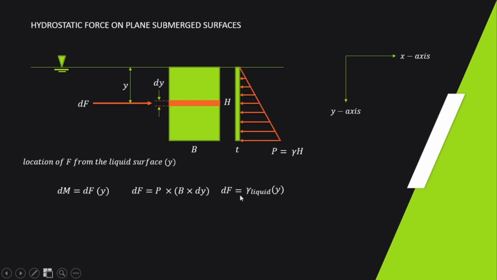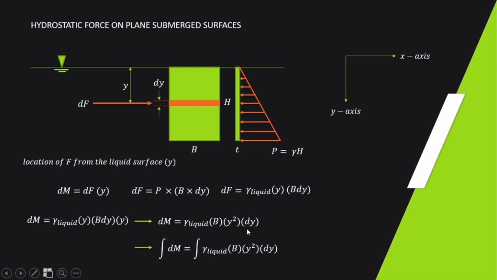And differential force is equal to, yung pressure is equal to the unit weight of the liquid times yung H bar niya, so yung location ng strip from the water surface or liquid surface, that is the variable Y. Ito yung pressure times differential area na B dy. So ito, i-substitute natin dito sa equation na differential force times Y, magkakaroon tayo ng dalawang Y, kaya pwede natin sabihin na unit weight of the liquid times B times Y squared differential of Y, and saka tayo mag-integrate.